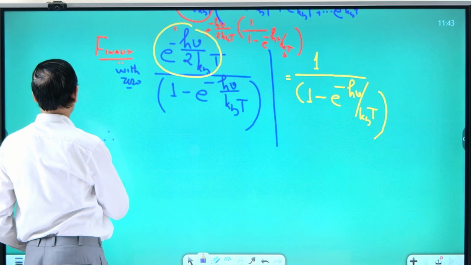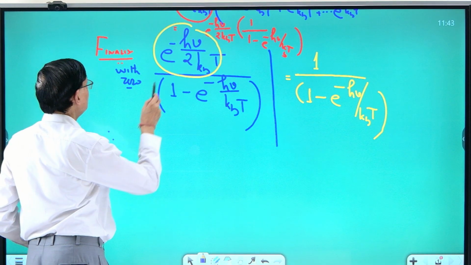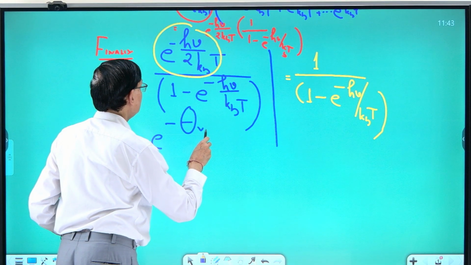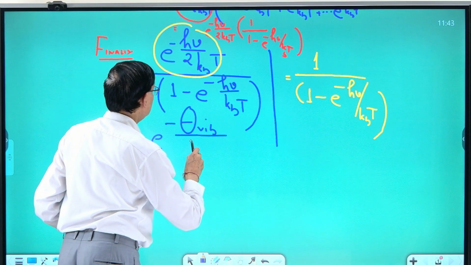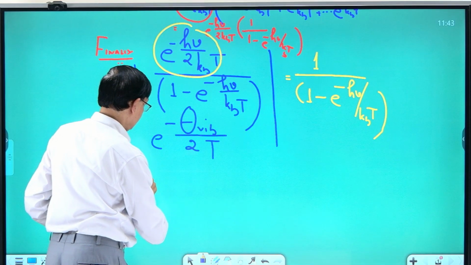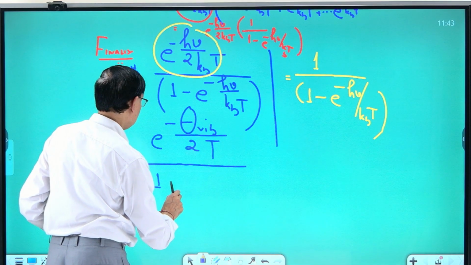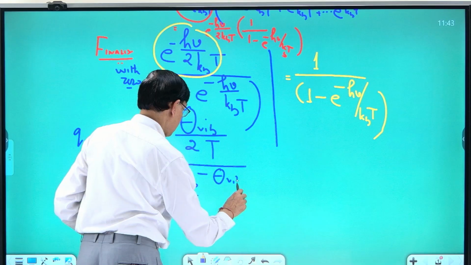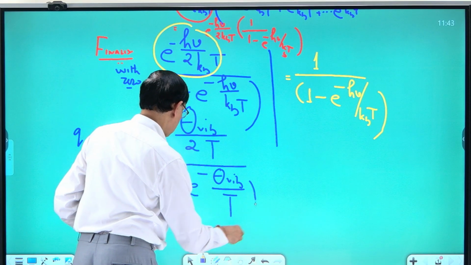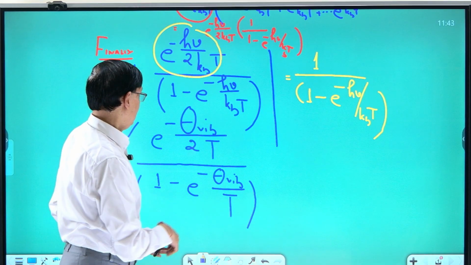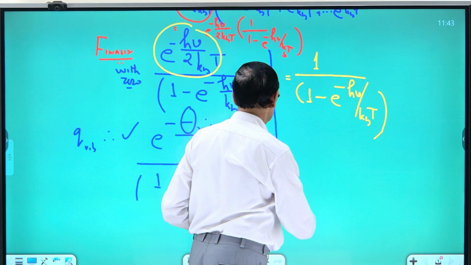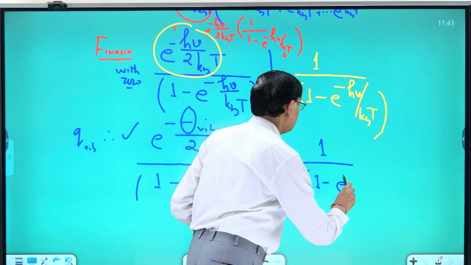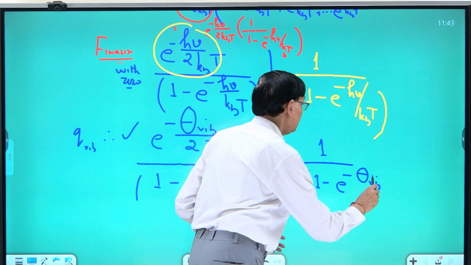So, Q vibrational we can write as exponential minus theta vibrational divided by 2T, divided by 1 minus exponential minus theta vibrational divided by T. So, this is our first formula, and here same thing I can write as 1 minus exponential minus theta vibrational divided by T.